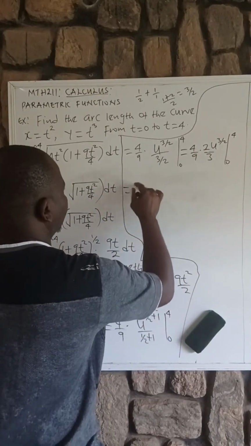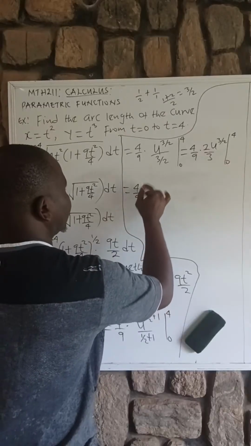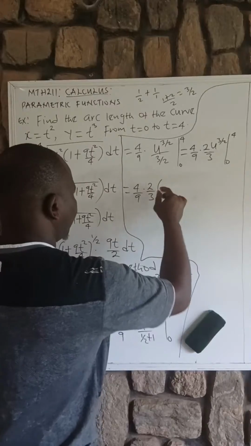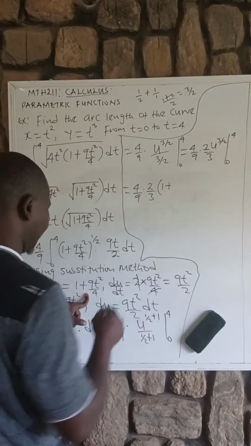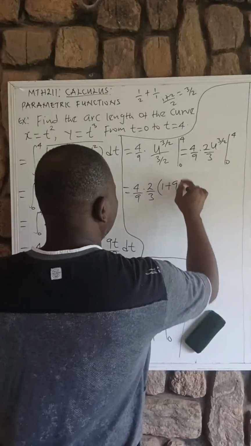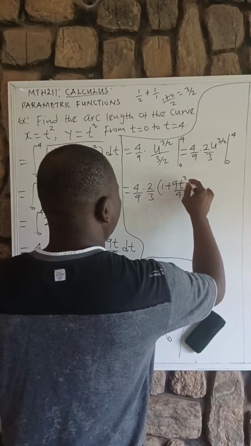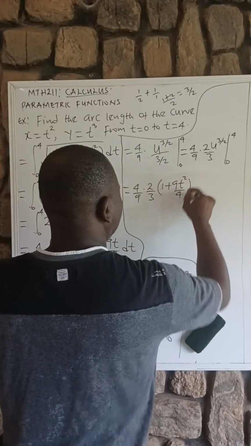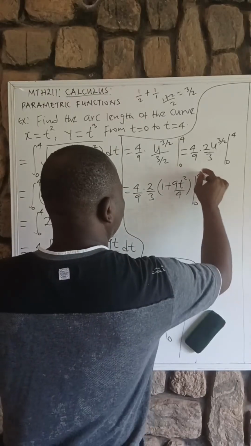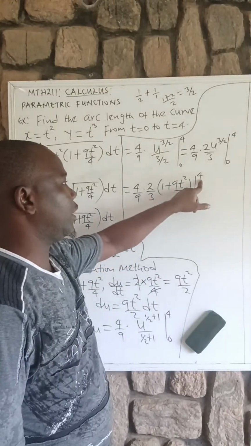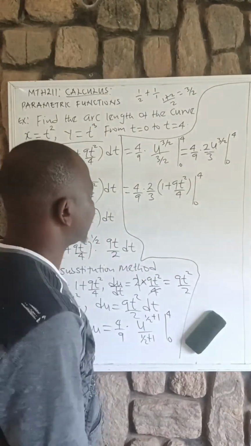So here will be equal to 4 over 9 times 2 over 3, open bracket, 1 plus 9t squared over 4 at 0 to 4. So this means that we subtract the lower limit from the upper limit.